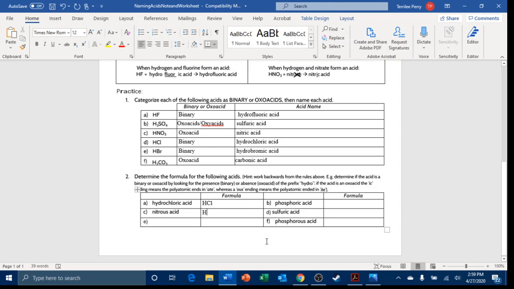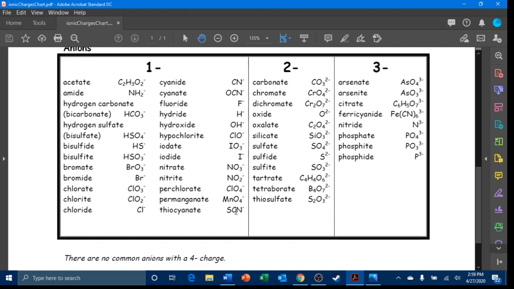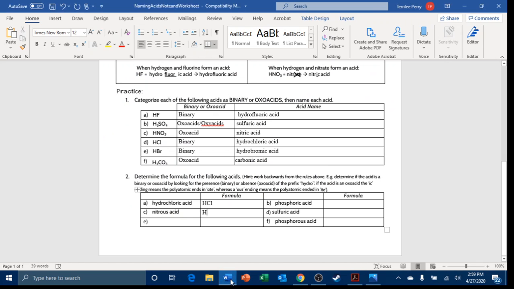So let's look at our chart and see where's nitrite. And that's right here. So that's nitrite, NO2. All right, so let's go back over here and say NO2. And that's supposed to be a little 2, but you guys know that.